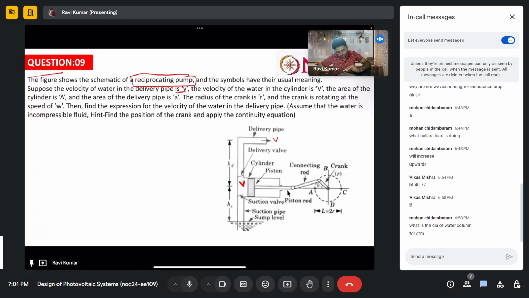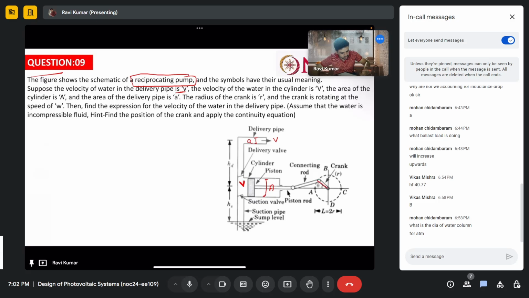The area of the cylinder is A. I am writing here A. The area of the delivery pipe is small a. The radius of the crank is R. Crank means this one.